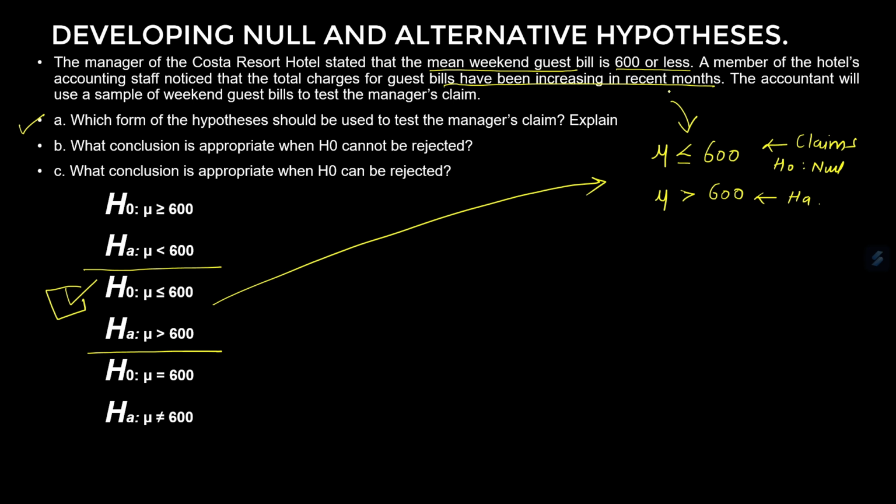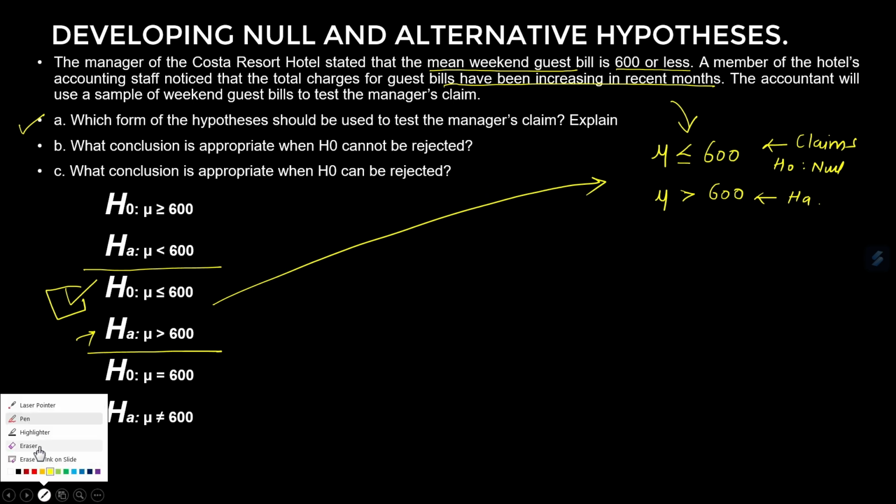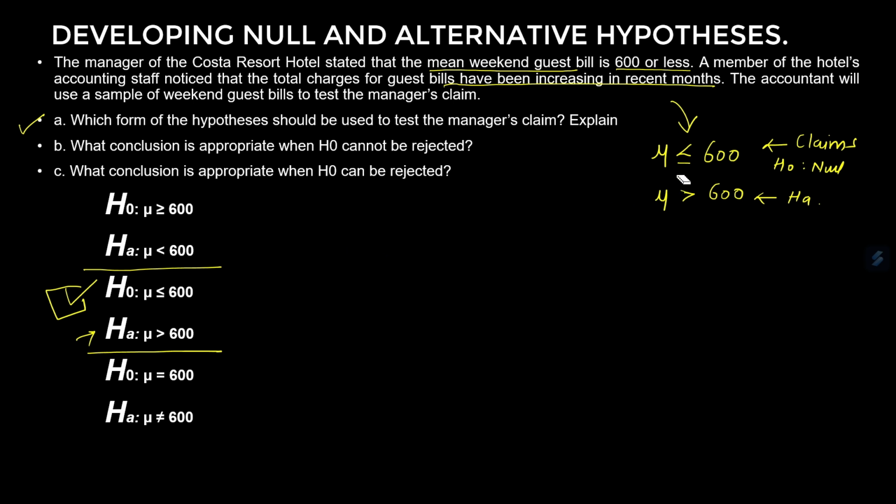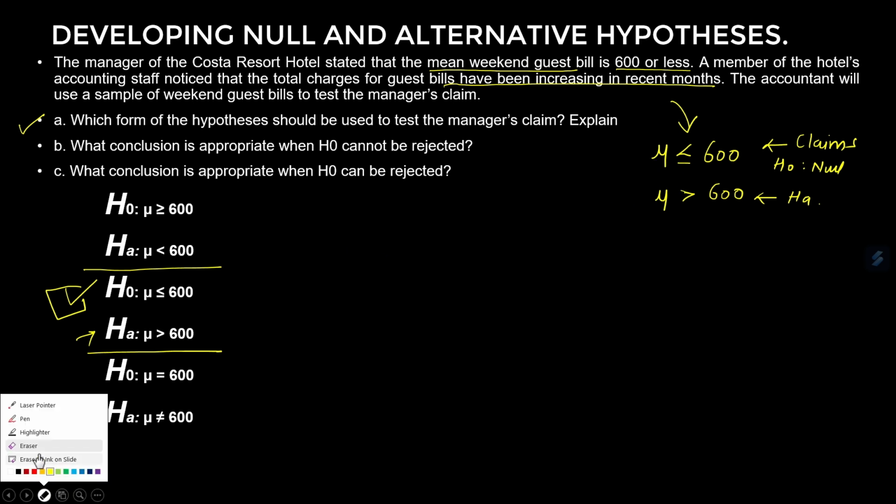This is their claim. But the member of the hotel's accounting staff has noticed that the total charges for guest bills have been increasing in recent months. So it is their noticed assumption. Assumption comes under the alternative hypothesis and claims come under the null hypothesis. So we got the answer for our first question A. We solved A.